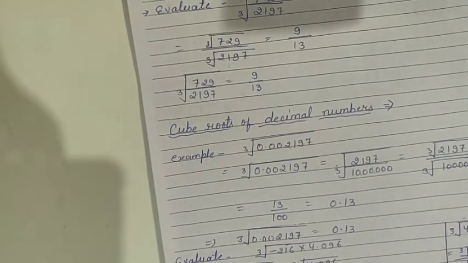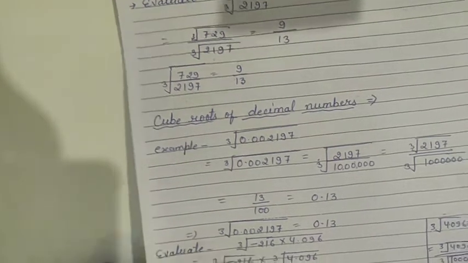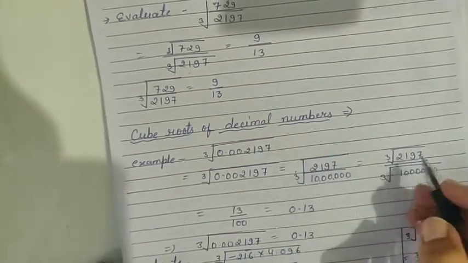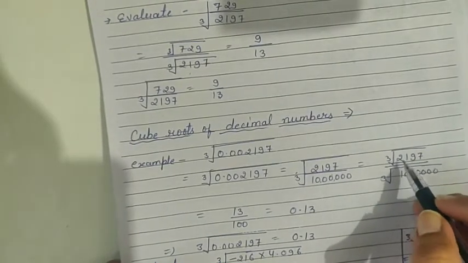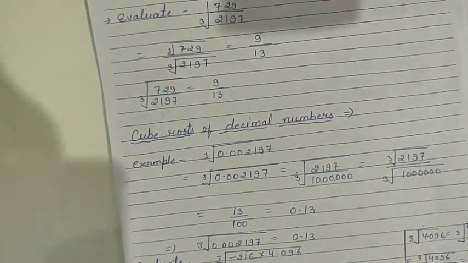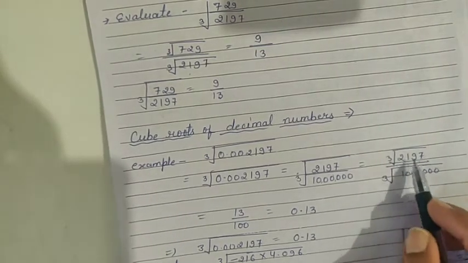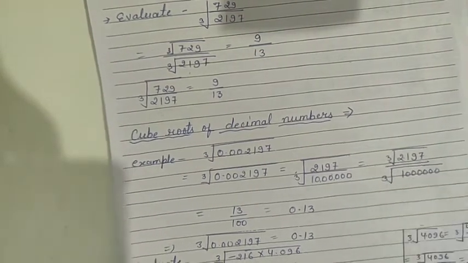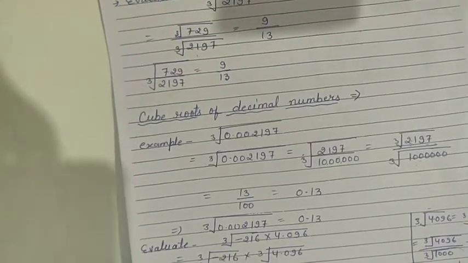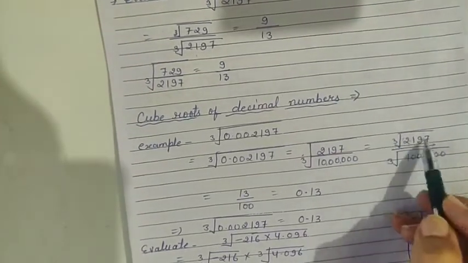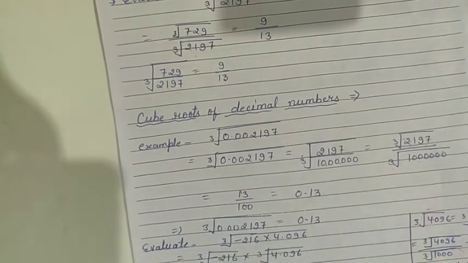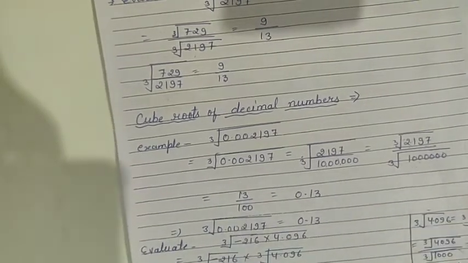Now cube root of x upon y equals cube root of x upon cube root of y. So this equals cube root of 2197 upon cube root of 10 lakh. Now we will find the cube roots of these numbers by prime factorization method. Cube root of 2197 is 13 and cube root of 10 lakh is 100.